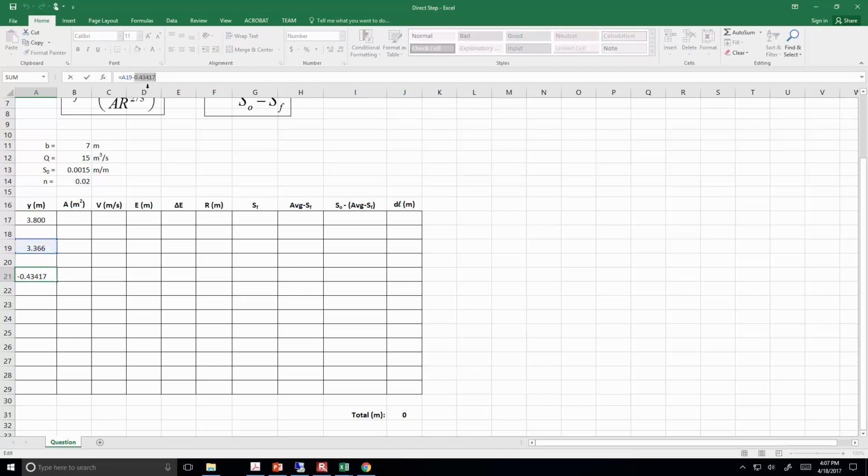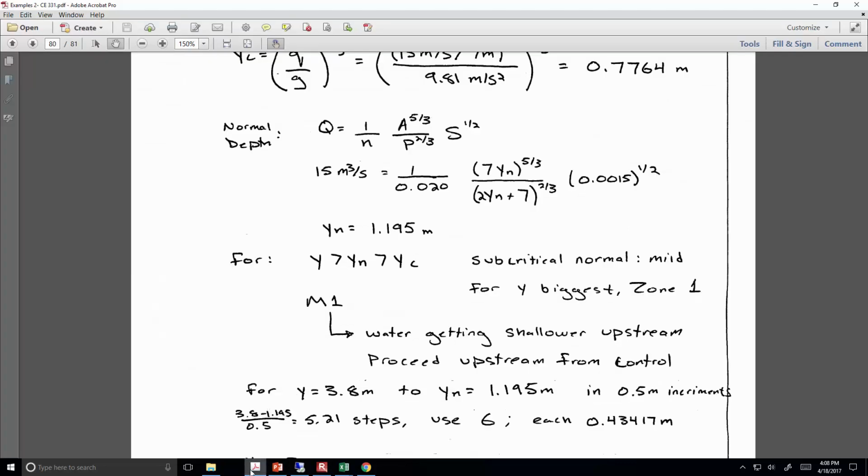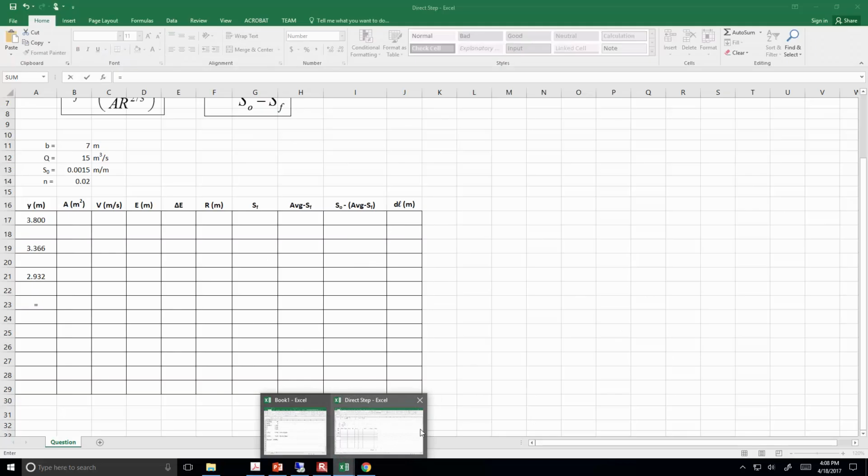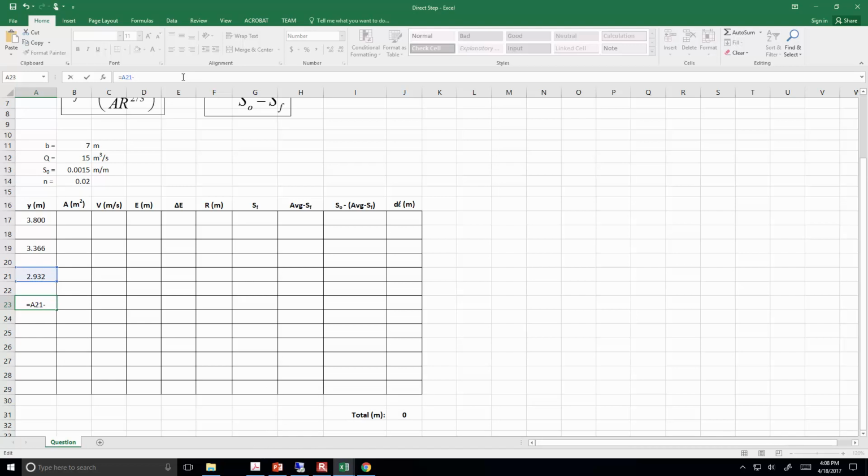So this is using that step distance, where we calculated how much we're going to step down in each increment. I don't want to short circuit any part of this example. So this is how much we're going to step down.